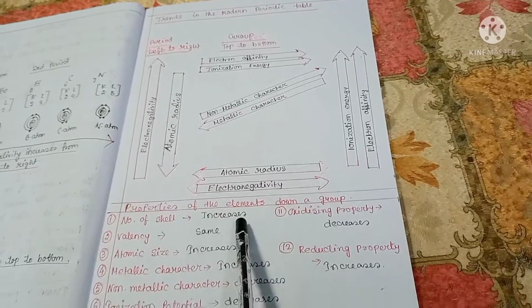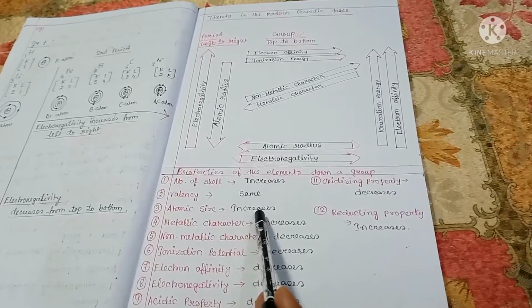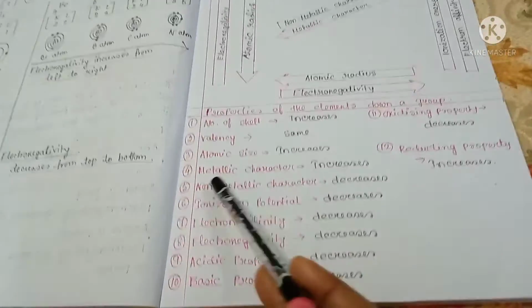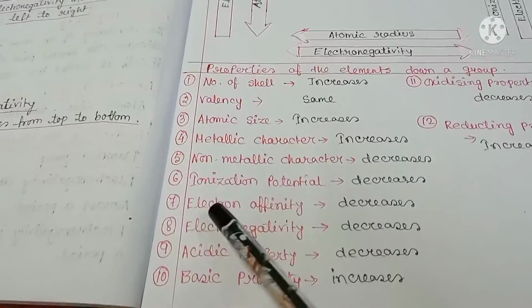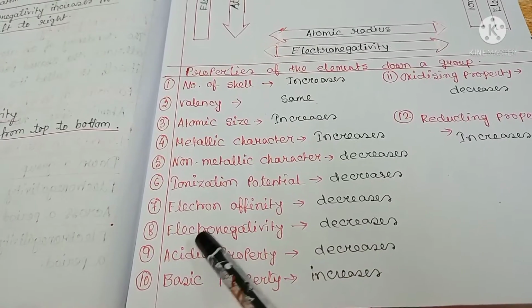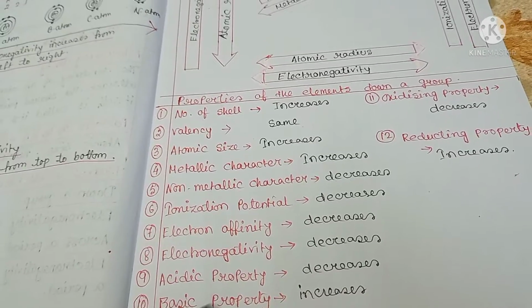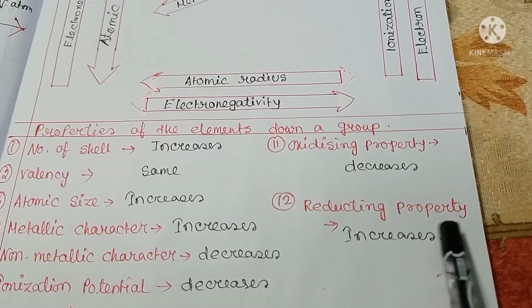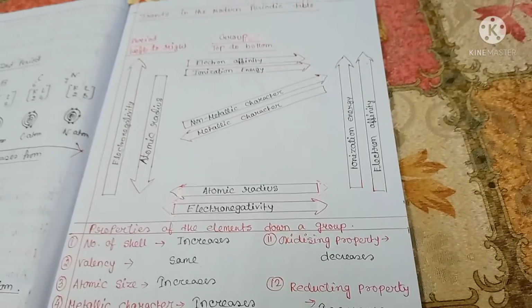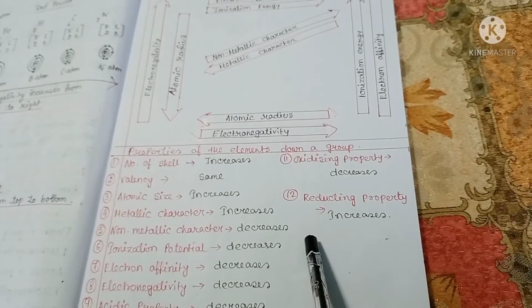Number of shells increases, valency remains the same, atomic size increases, metallic character increases, non-metallic character decreases, ionization potential decreases, electron affinity decreases, electronegativity decreases, acidic property decreases, basic property increases, oxidizing property decreases, reducing property increases, and the periodic properties across a period are just the opposite of down a group.